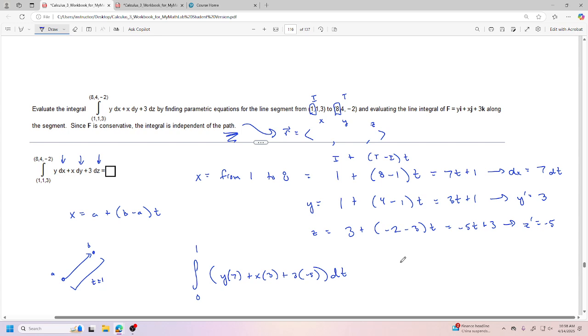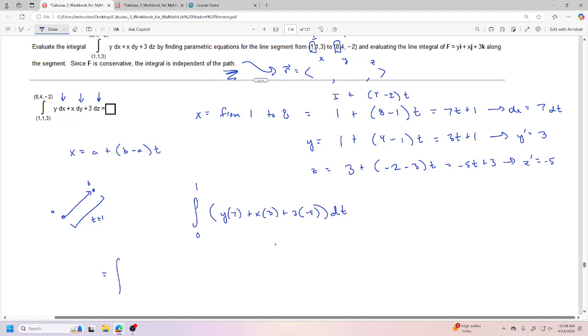I still have y's and x's with dt. There it is. We have a formula for that. So here we go, final formula, I guess you can say. y is going to be this thing: 3t plus 1, and then times the 7. Oh, I didn't put a 1. That would change things. Now times the 7.